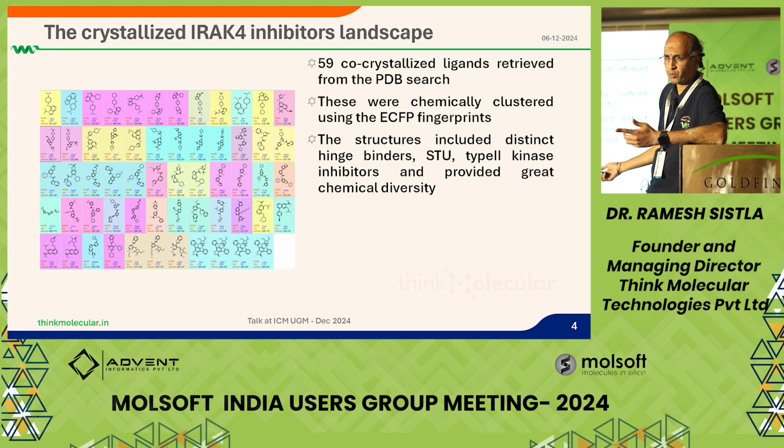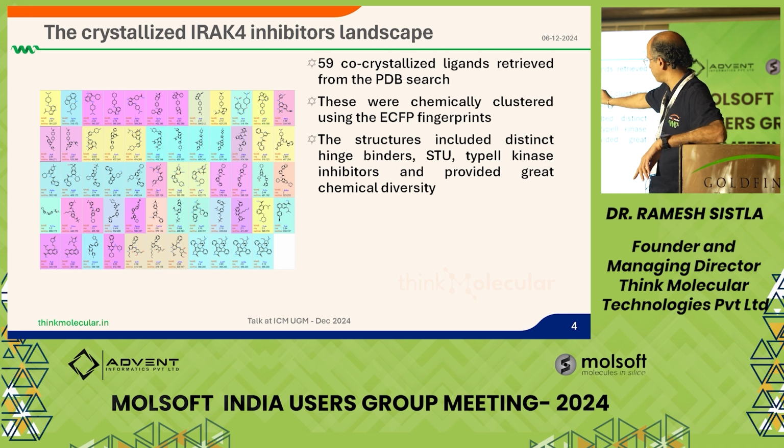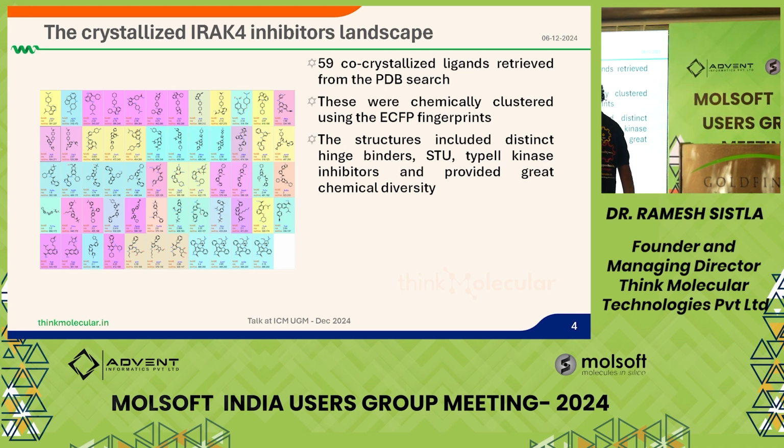But you don't want to take 59 structures into a 4D docking grid. So what I did is I chemically clustered the 59 compounds, and this slide shows the different colors belonging to the different clusters. Based on chemical similarity, they belong to different clusters, and I don't know how clear it is.